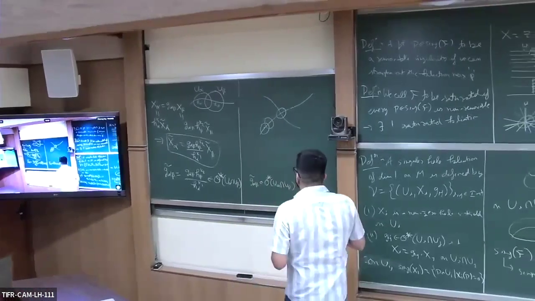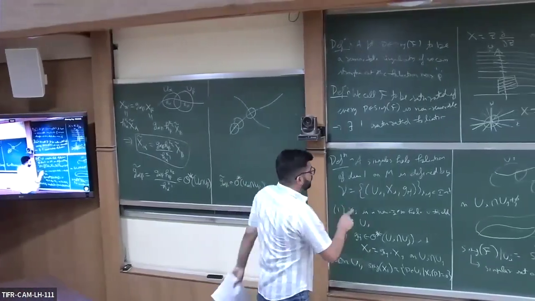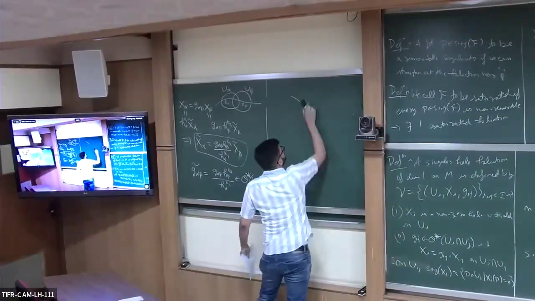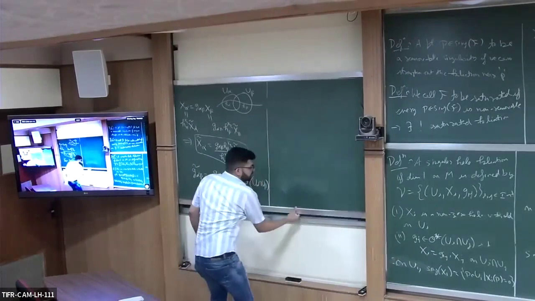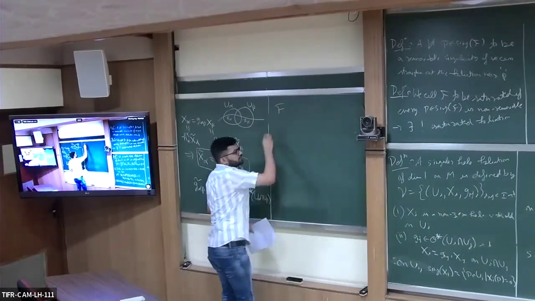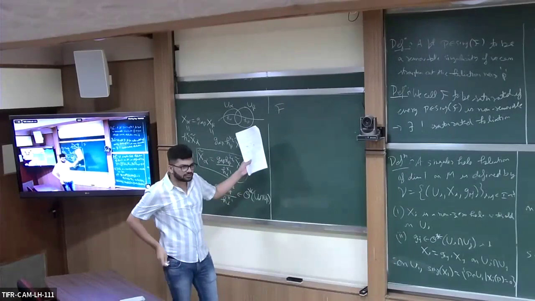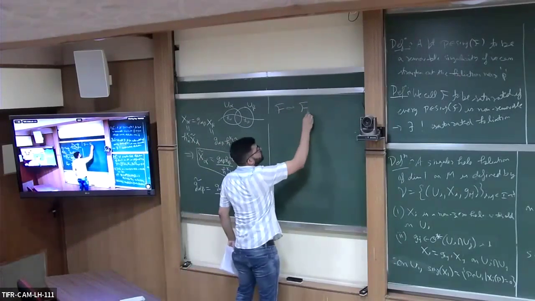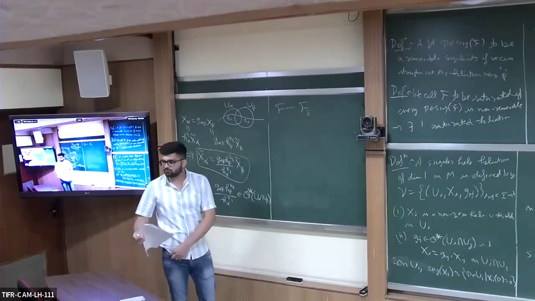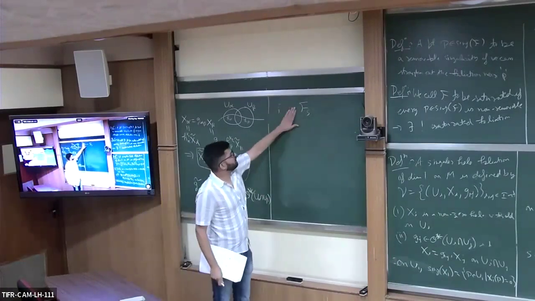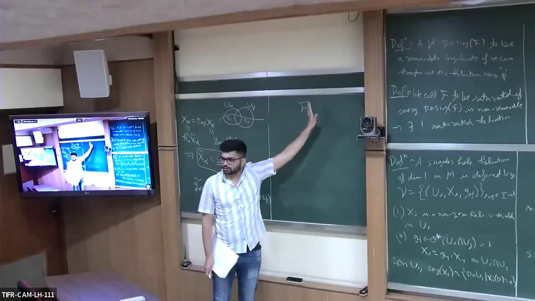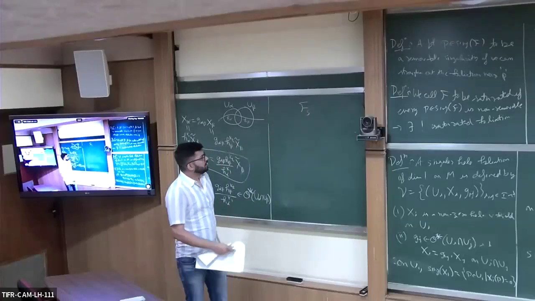And now, what have we proved? We have a singular foliation according to our definition, and a unique saturated foliation corresponding to that. So I'll now start forgetting about the original foliation, because I'll only be talking about saturated foliations.